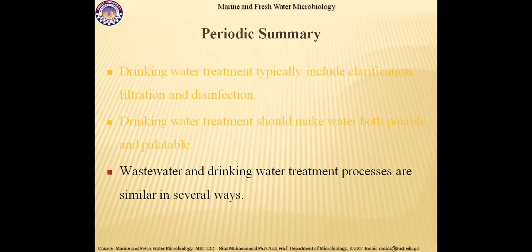In the second step, we try to remove the organic and inorganic material by decomposition by microorganisms. And in the third step, we remove the bacterial cells by adding chemicals such as ozone, UV radiation, chlorine, or lime. So in several aspects, treatment of drinking water and wastewater is almost similar. The mechanism and principle are similar.